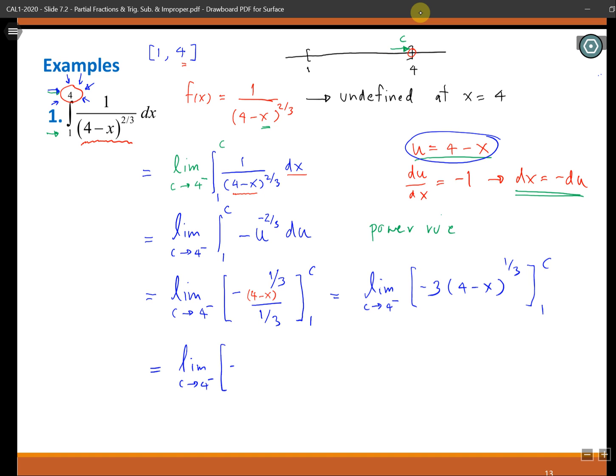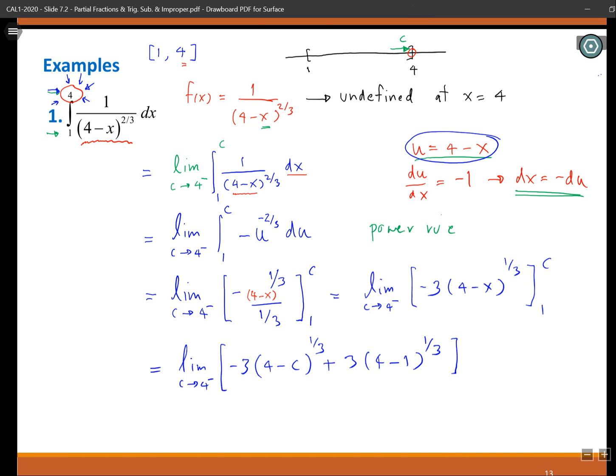Here we have minus 3. c goes in: 4 minus c to the power of 1 over 3. Minus, well, with the minus sign here, it's going to be plus 3, 4 minus 1, 1 to the power of 1 over 3.